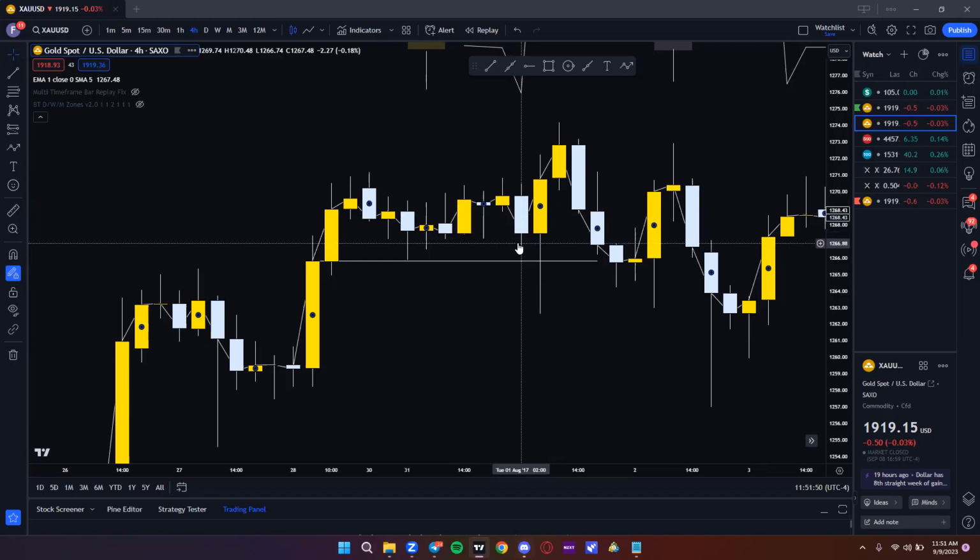What you will see then is you want to observe how the next H4 candle is being formed. And with multi-time frame, 1 hour, 15 minutes, we will see those time frames.